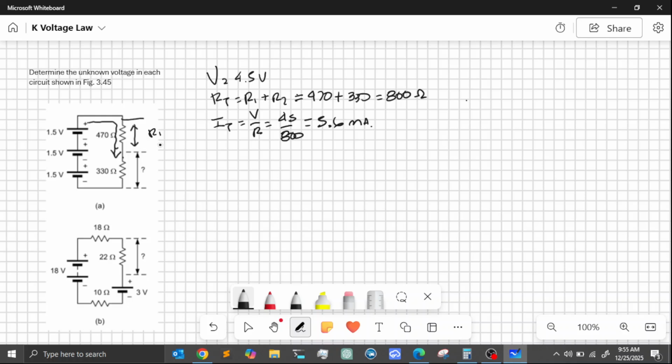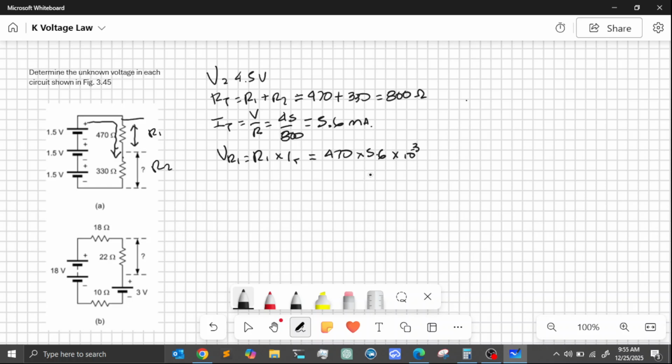Let's name this R1 and R2. So VR1 is equal to R1 times the total current of the circuit. There is only one current. So this is equal to 470 times 5.6 times 10 to the minus 3.